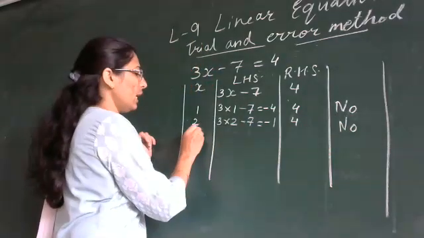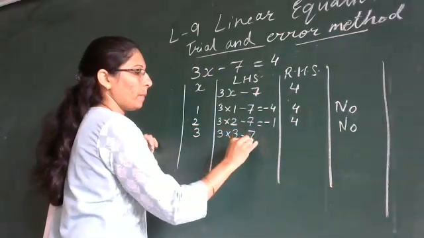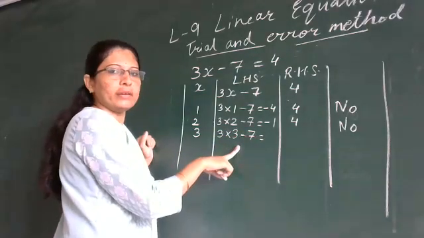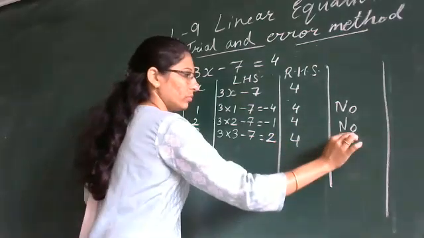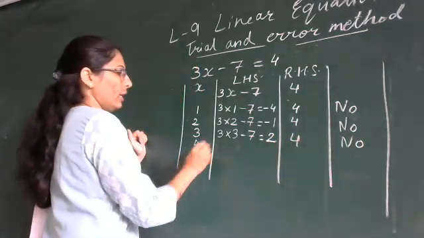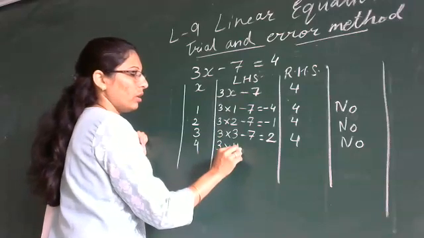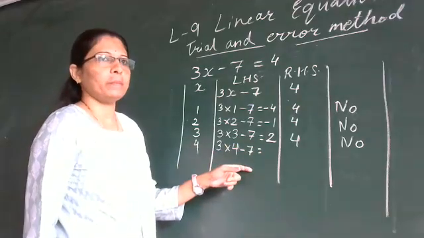Then we have to put 3. 3 into 3, 9 minus 7, 2. Okay. 3 into 4, 12 minus 7.